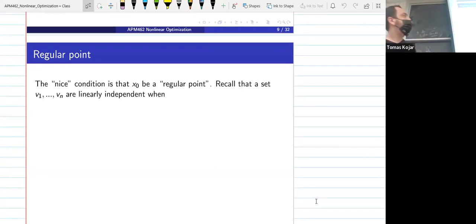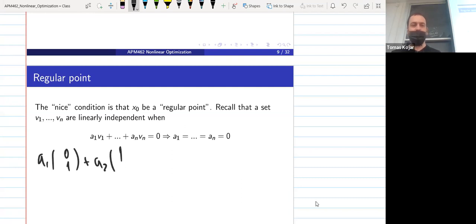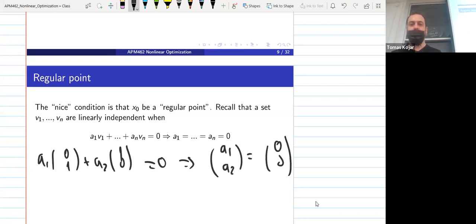First, some linear algebra. Remember, a set of vectors is called linearly independent when you have the following equation, right? This being 0 implies the coefficients are 0. Let me do like a stupid example. A1 times (0, 1) plus A2 times (1, 0) gives you the equation (A1, A2) equal to (0, 0). So it gives you that A1 is 0 and A2 is 0.